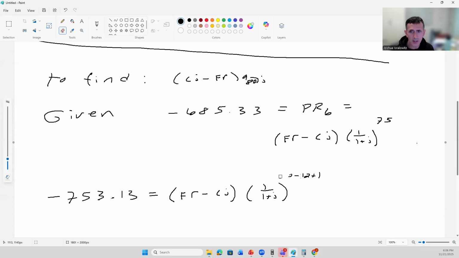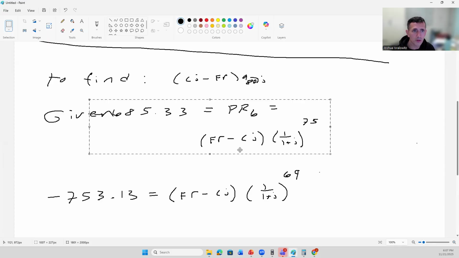All right, so the thing to do, and the only thing you can really do, is divide both of these. Let me move this over a bit.